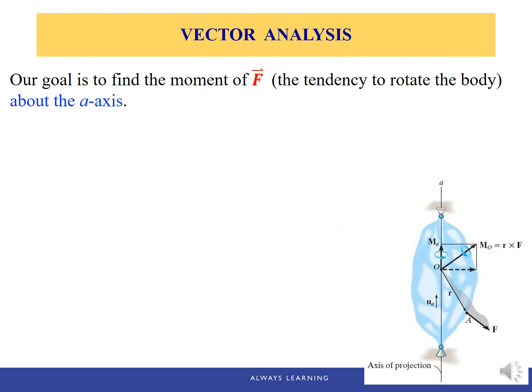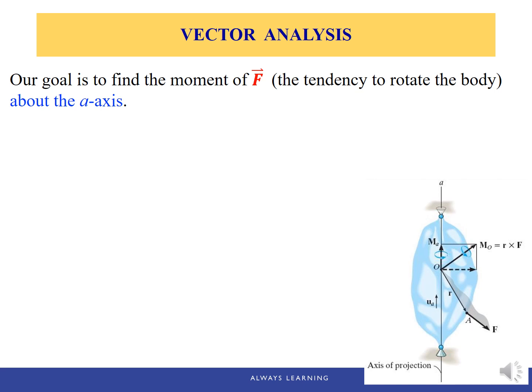Let's check the general steps to find the moment of a force about an axis. The main difference between this lecture and the last lecture is that last lecture we were calculating the moment of a force about a point, for example point O or point B. Today, we're looking for the moment about an axis, for example the x-axis, y-axis, or z-axis, or in a more general case, the aa axis in this example.